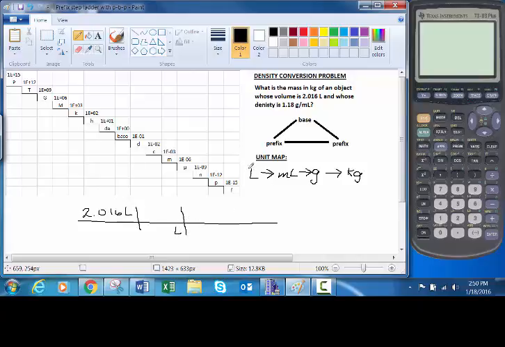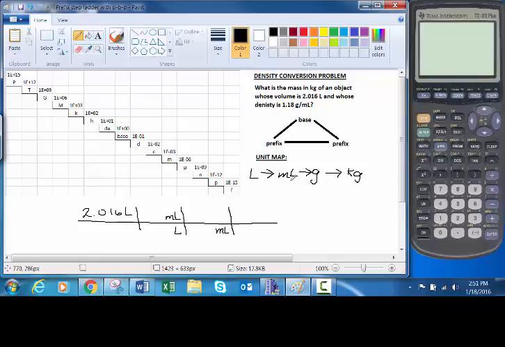According to our unit map, we're going to change our unit of liter into milliliter. So this is the information that's going to go above liter. Even if we don't know anything else, if we have the unit milliliter on top, we know that must be the unit that we write on the bottom.